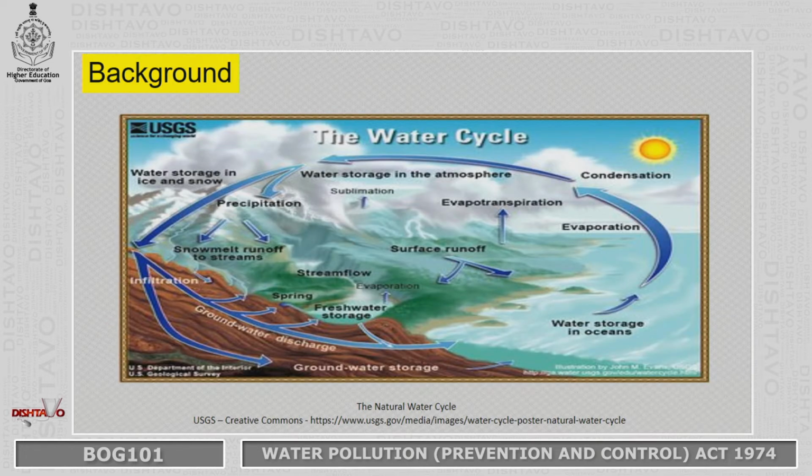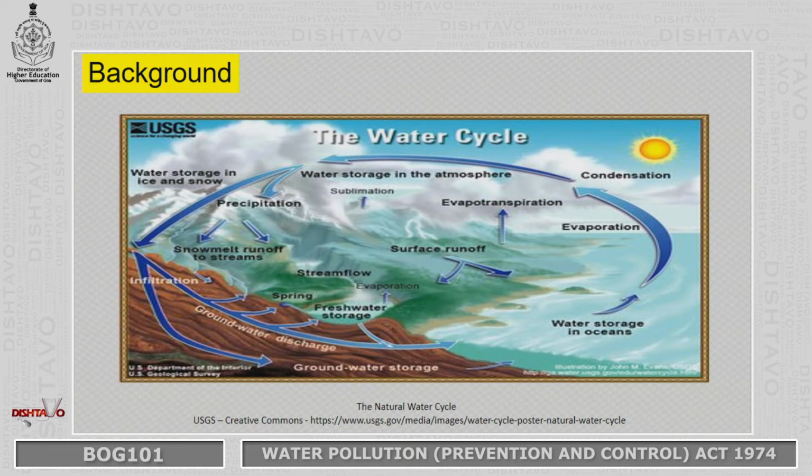So let us understand why we have to have this Water Act. We know the water cycle and how important water is. Water is a gift. The water comes from rain, ice, snow. It falls down to the ground. It gets into the groundwater.